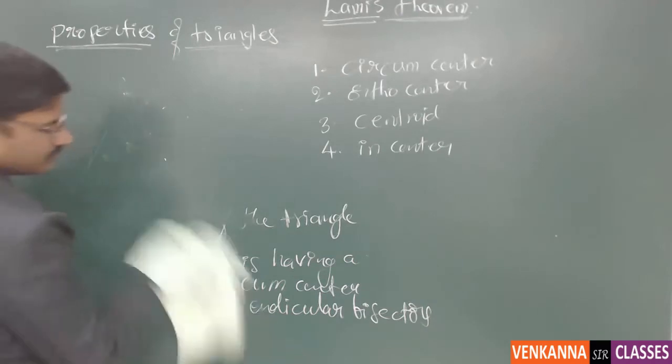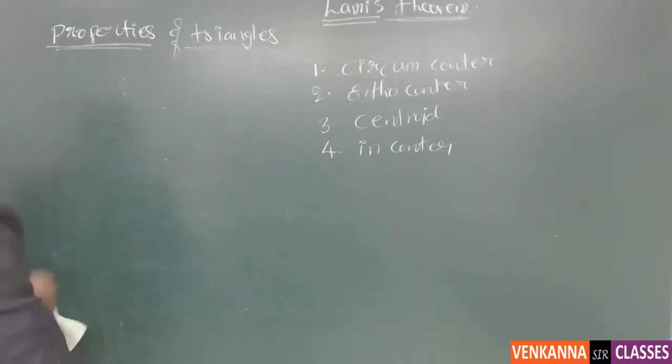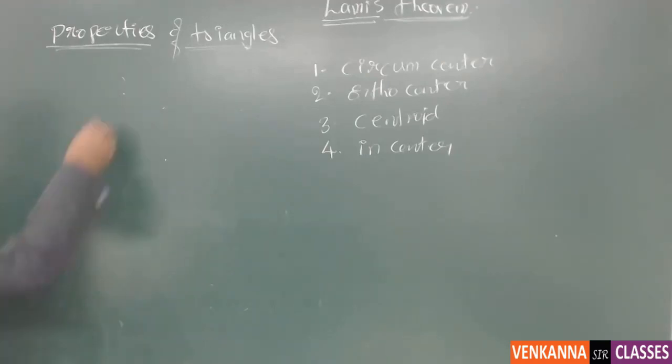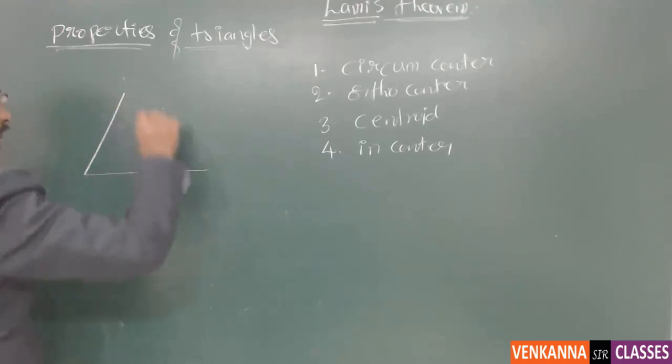Now, the orthocenter for a triangle is nothing but the perpendicular lines drawn to the opposite corner.